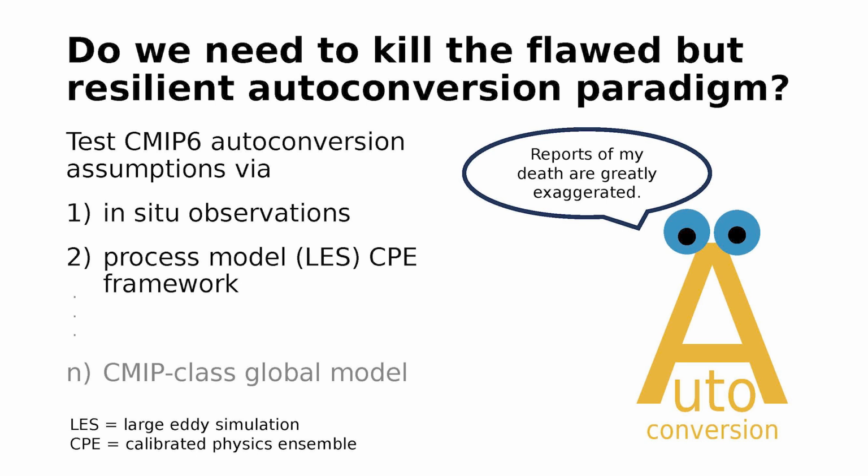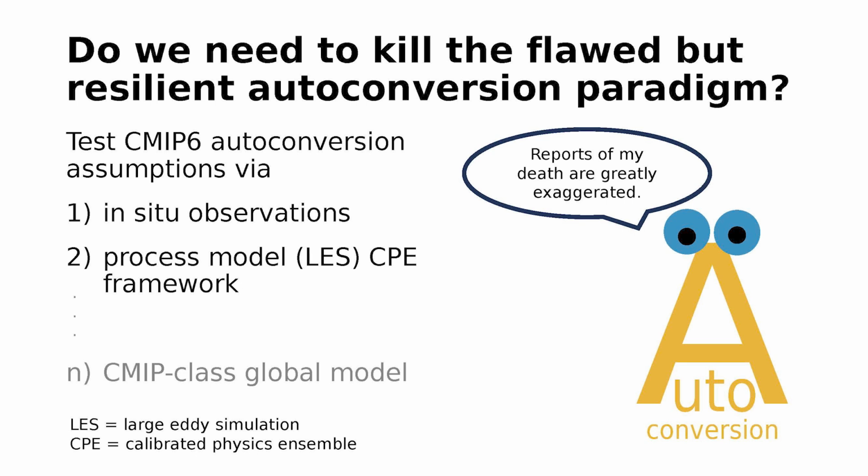In order to think about how we should move forward with this, I think every scientist in this room can probably get up and say why their process is the reason we have climate uncertainty. We want to test some assumptions before we do the really difficult work of putting something into a CMIP class global model.